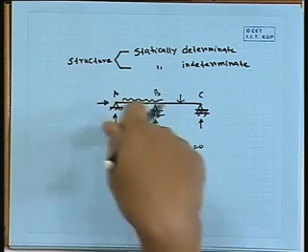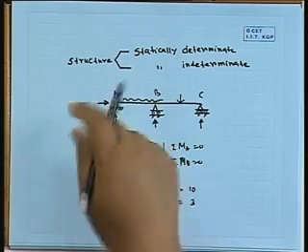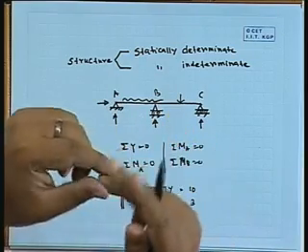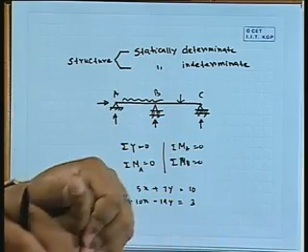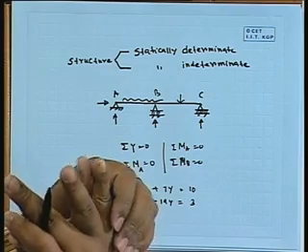Say 3 is the number of reactions and the equations of statics are 2. So we require one extra equation, and that equation will come from the deformation or deflection of the structure. More or less we have been trying to handle deflection of structures in the last 2-3 classes.